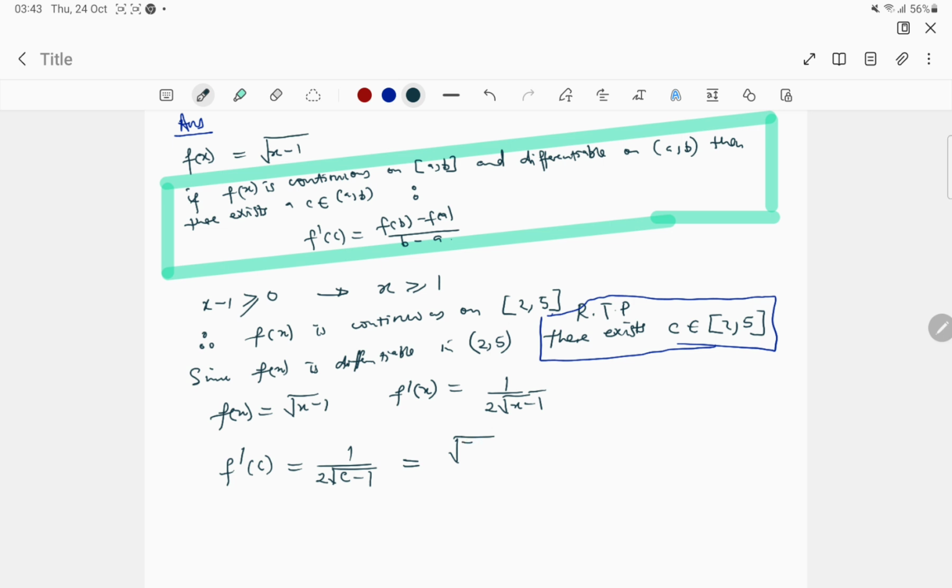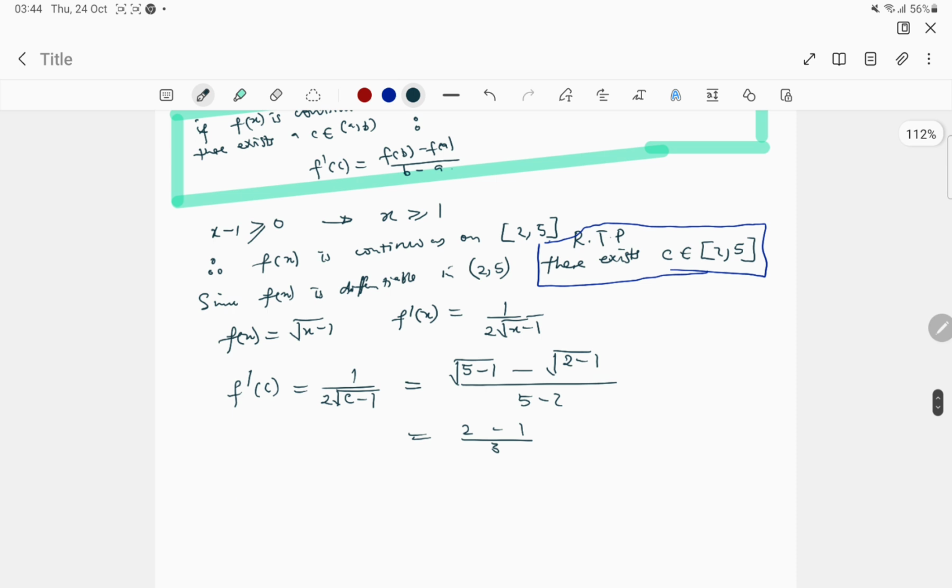That is root of 5 minus 1 minus root of 2 minus 1, over 5 minus 2. 5 minus 1 is 4, so the square root gives us 2. 2 minus 1 gives us 1, and the denominator gives us 3.